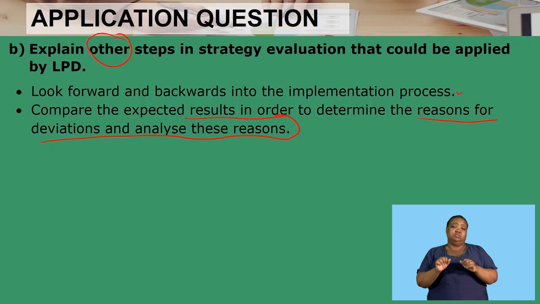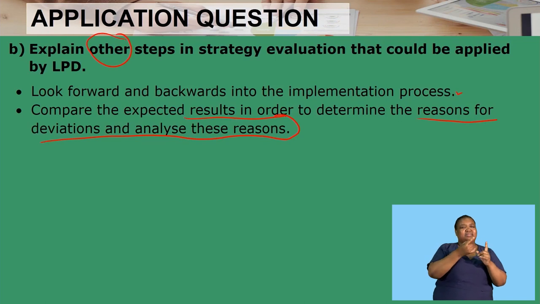But we're not always going to get what we had anticipated. So now we need to compare the expected results in order to determine the reasons for deviation, so that we can see where we went wrong. This is what we wanted to achieve, but we're still facing the same problems or challenges even after we have implemented our strategy.